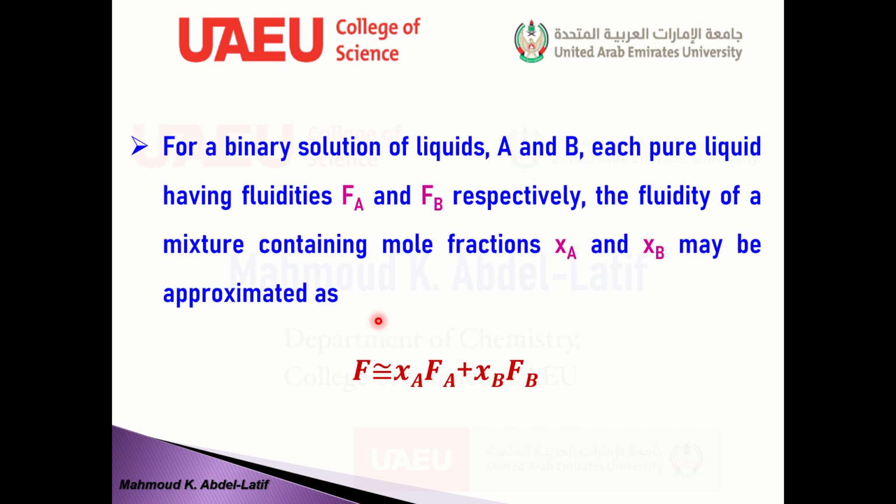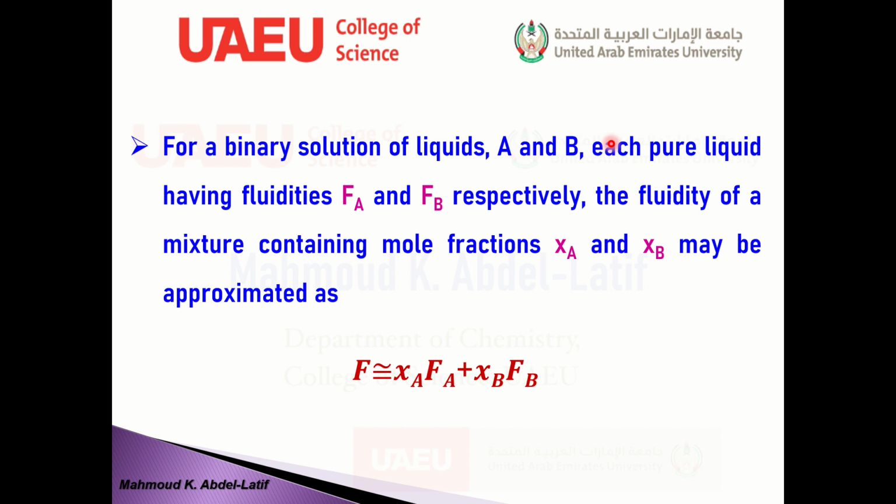Okay. From the title of the experiment, we are going to study the ideality of solutions. So we are going to measure the viscosity for solutions between two components. For a binary solution of a liquid composed of A and B, each pure liquid having fluidity Fa and Fb, if they are ideal, as I told you before, the volume is additive.